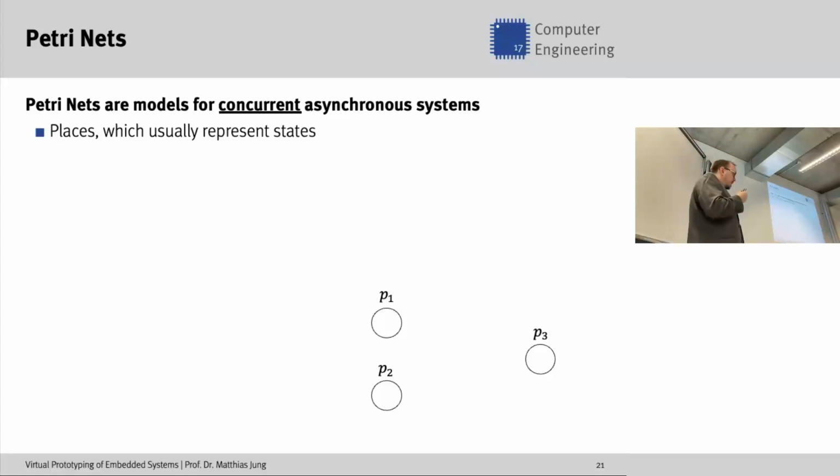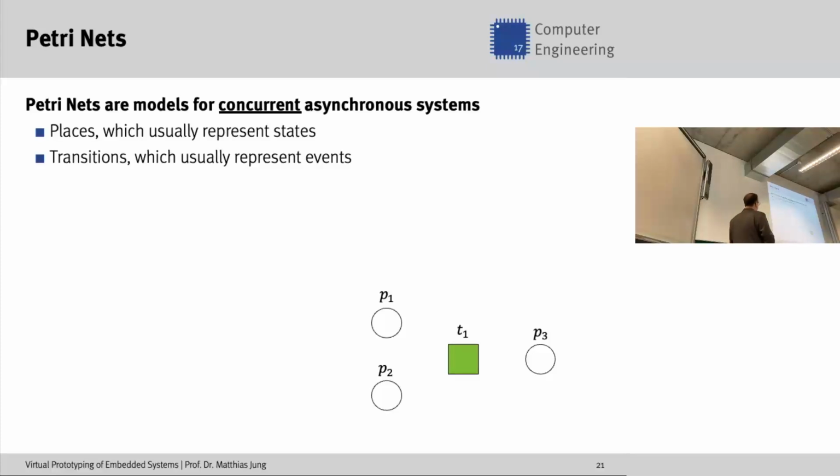Okay, so in Petri nets, we also have states, but we call them places. And if a state is basically on or off, this is determined by so-called tokens. But between the places, we also have so-called transitions. And the transition usually represents then an event. Yeah? So this is the transition.